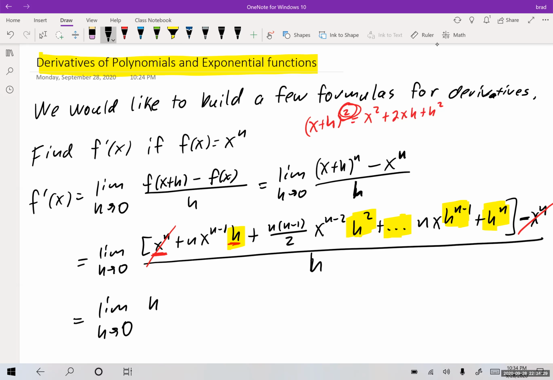And let's see what that leaves behind. That's going to leave behind n x to the n minus 1 plus n times n minus 1 over 2 x to the n minus 2 times h plus n times x to the... plus h times n minus 2, because we factored an h out, so it's even one smaller than before, and this would be plus h to the n minus 1.